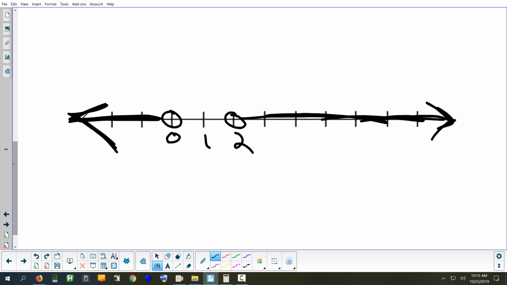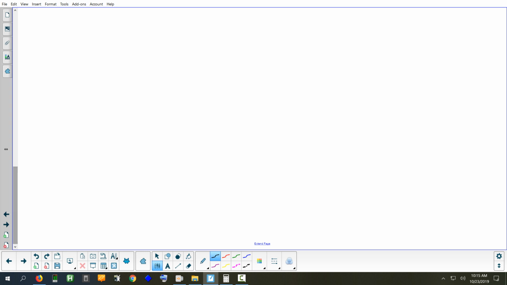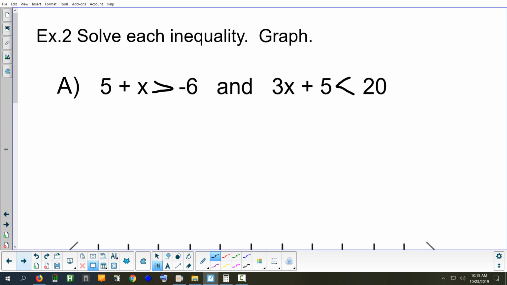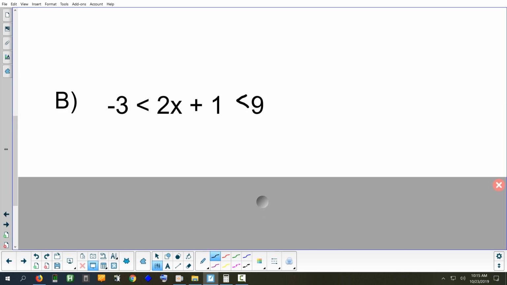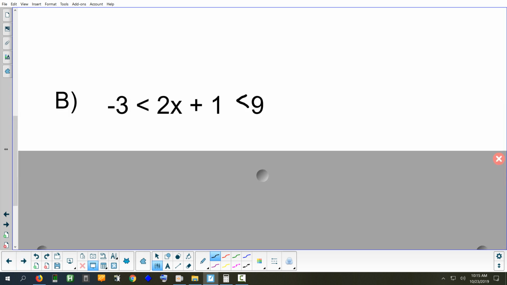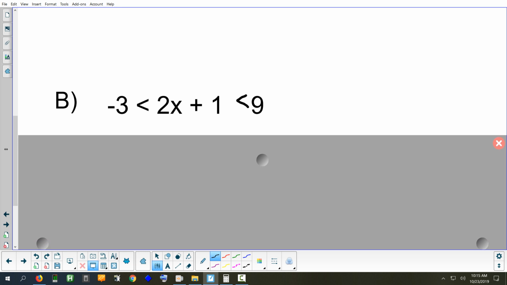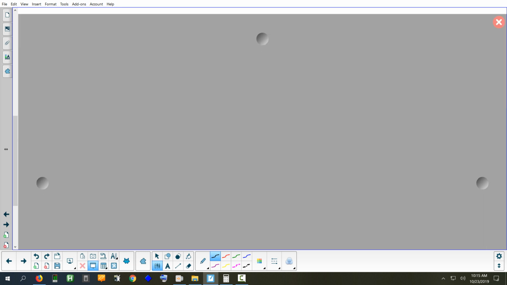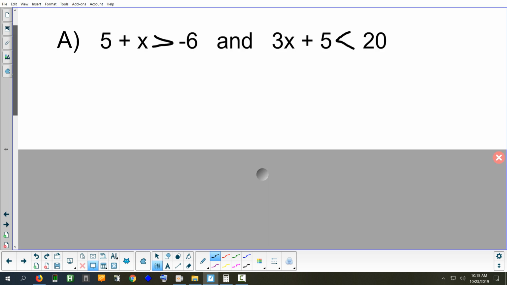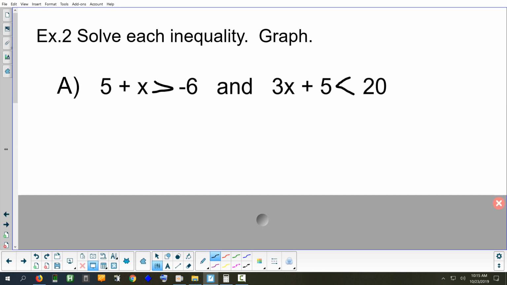All right. Let's look at this one. I'm just going to make one up because I don't think you have one exactly like it. Actually, yeah, we can. All right, we'll deal with it when we get to B. Okay, so solve each inequality and then graph it.